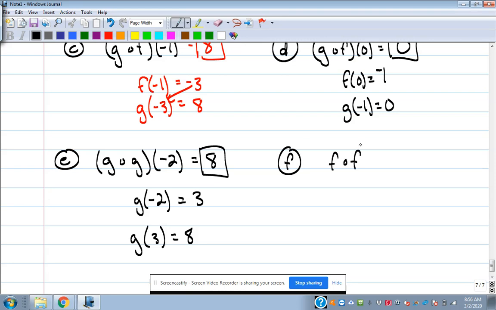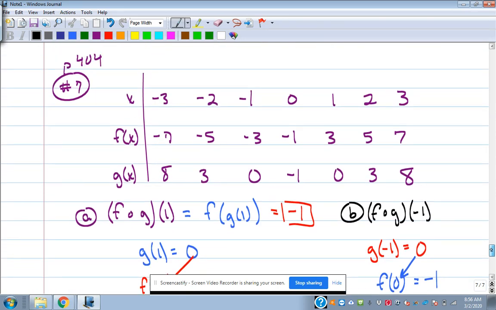f composed with f of negative 1. Sounds like we're working with your grades. Never mind. f composed with f. So negative 1 is my x value. I'm going to the f of x function first. So negative 1 goes to negative 3.